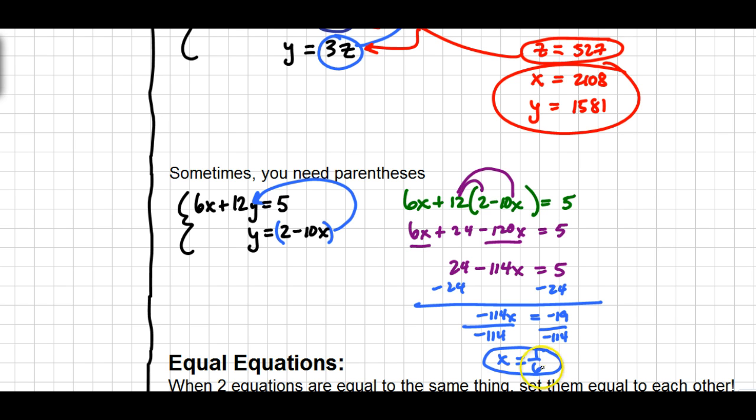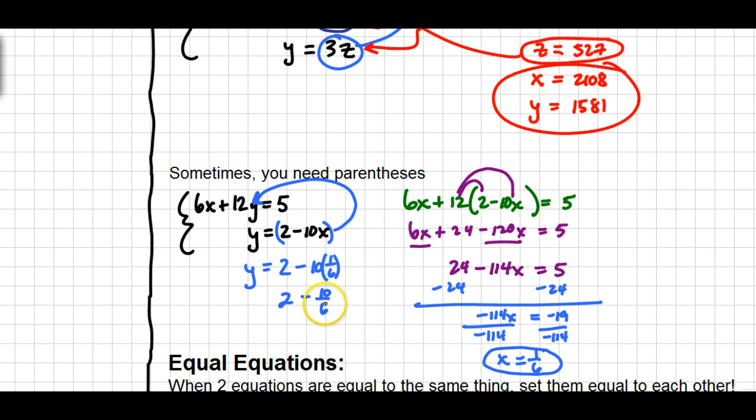Now that I have my x, I'm going to plug that back in either equation to solve for y. If I plug it into the second equation, I'm going to get 2 minus 10 times a sixth. Keep in mind that that 1/6 is in parentheses. So now I'm going to do 10 times 1/6. I get 10 over 6.